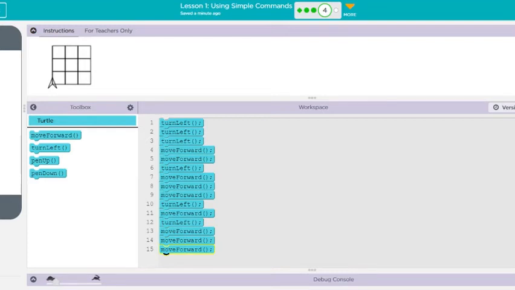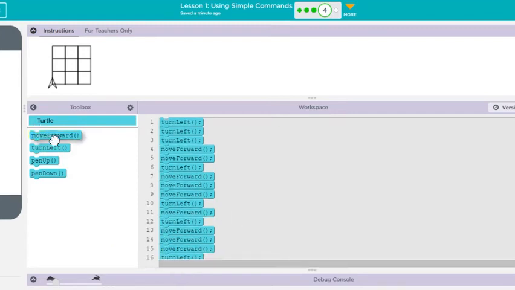Okay, so now we have that center column that goes up and down. Now I need to turn left, and I'm going to move forward 2 spaces so that I'm at the lower right-hand corner of my figure.